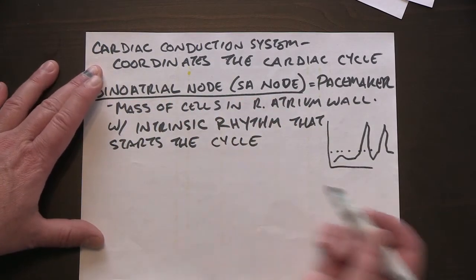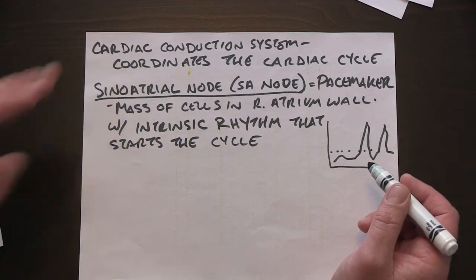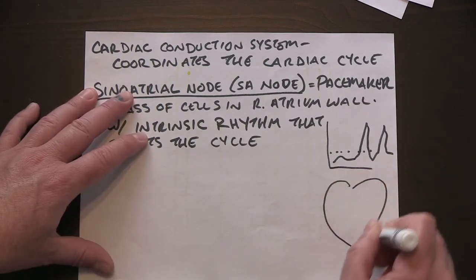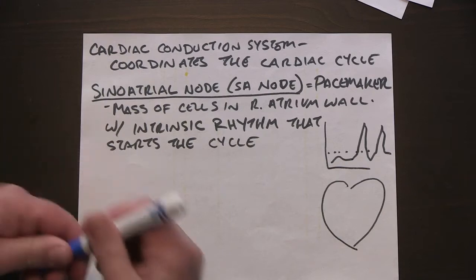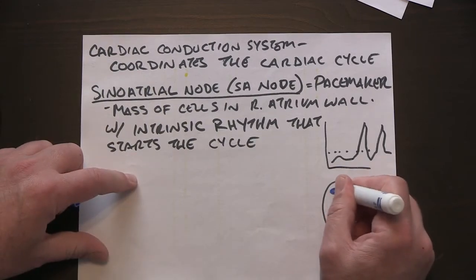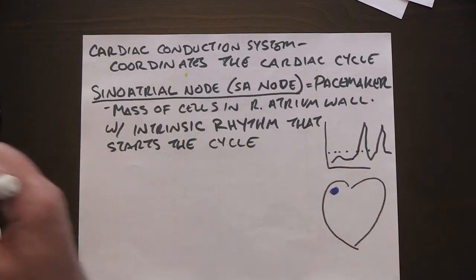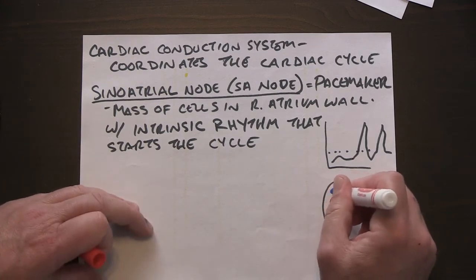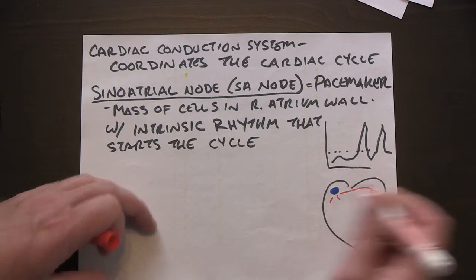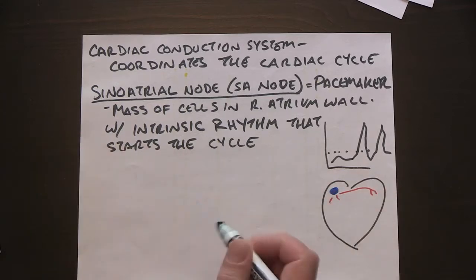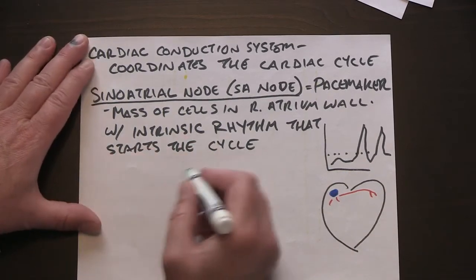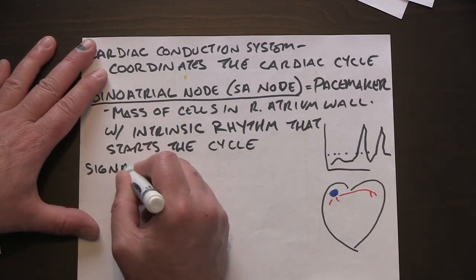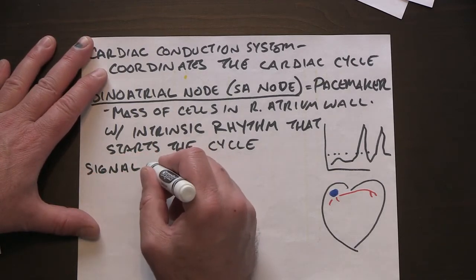Okay, so when the signal starts, it's going to run, real simple heart here. The SA node is going to be somewhere up here, and then the signal is sent to the two atria, and that causes the atria to contract at the same time.